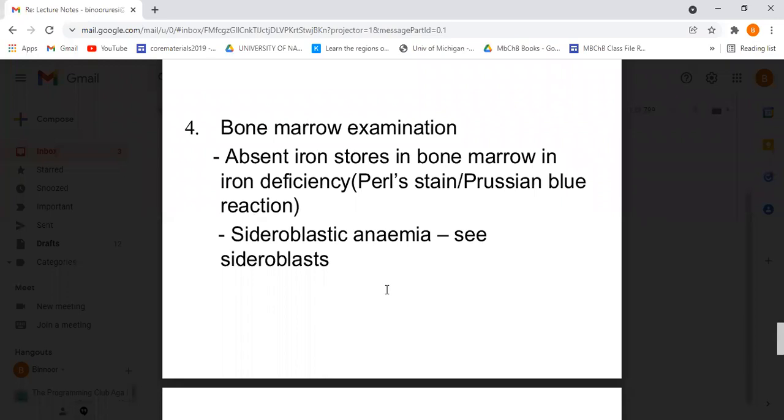So in absent iron stores in the bone marrow, the Perls stain will not be detected, because the Perls stain is supposed to detect the iron. Remember we said the iron is stored in the bone marrow or in the liver. So we're taking the bone marrow, we are staining to check if there's any ferritin or stored iron in that marrow. Next slide.